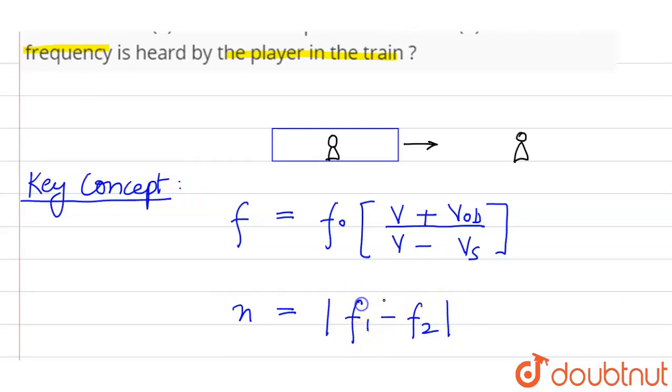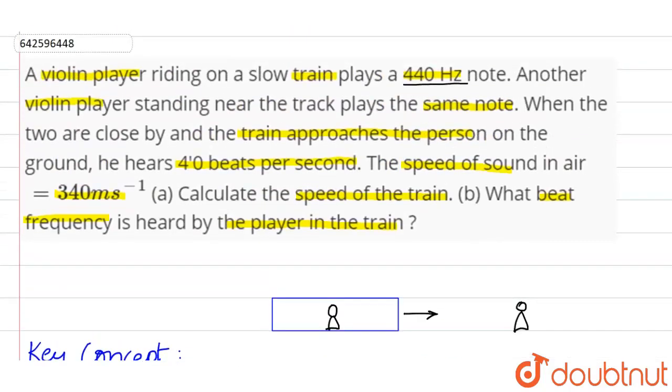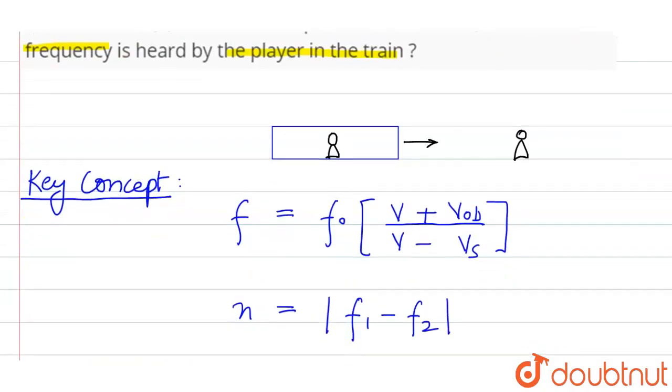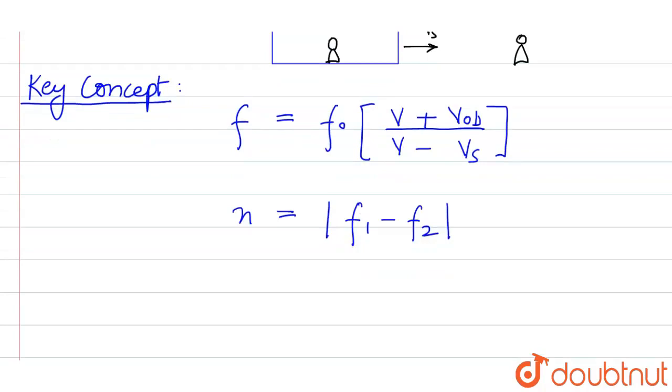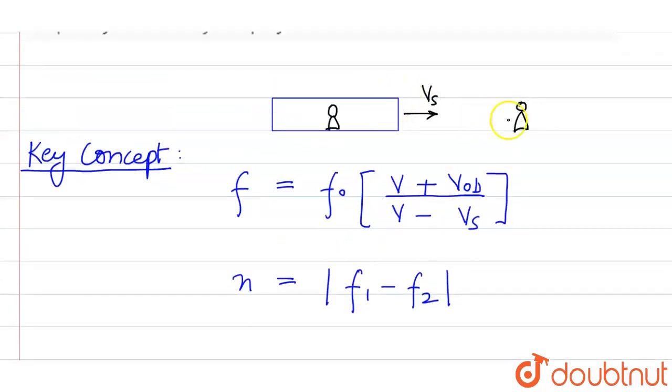Also, the beat frequency, denoted by n, is the mod of the difference of the two frequencies observed by the observer. In the first part, we need to calculate the speed of the train. Let's say the train is approaching with some speed Vs. For the observer on the track, the train is the source of the sound. When the source is approaching the observer, the frequency increases.